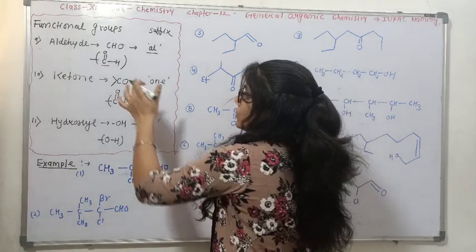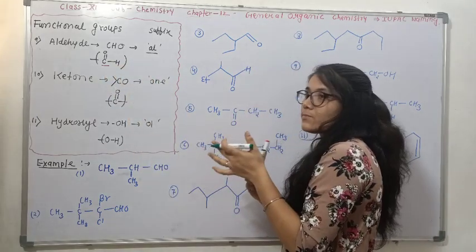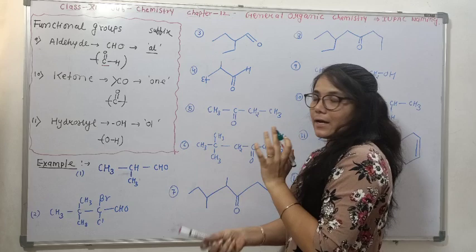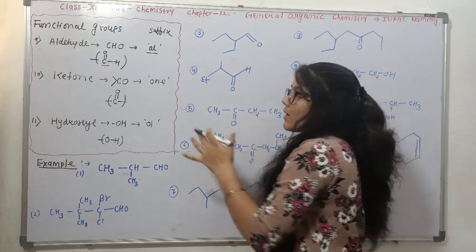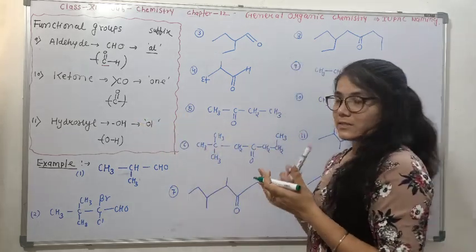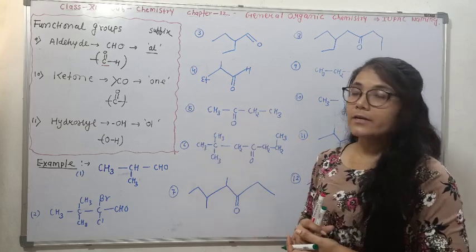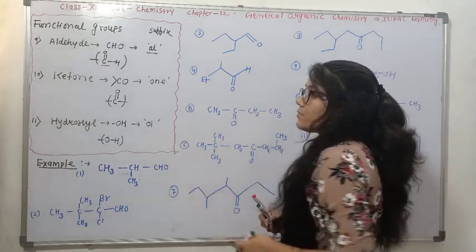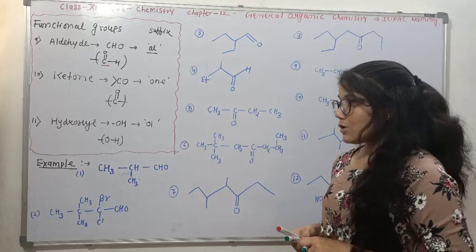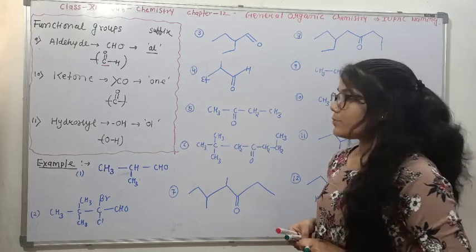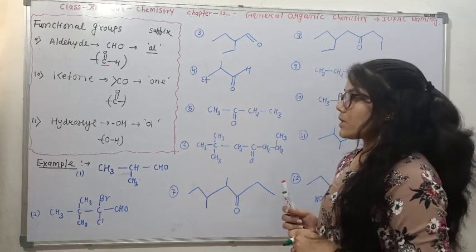So aldehyde is always present at the terminal of the chain, while ketone is always present between two carbons. Then the third functional group, hydroxy, the alcoholic group, has the suffix -ol.